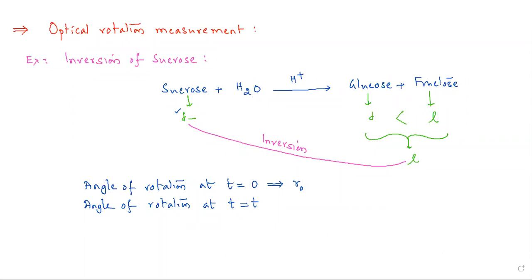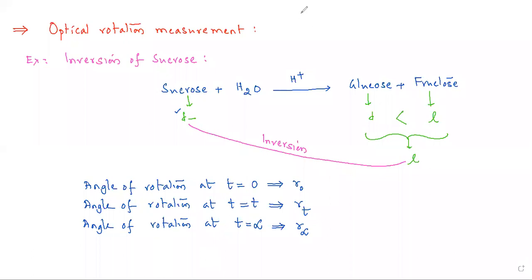As a result of that, there will be some change in the angle of rotation. Of course, at a time t, we can take it as Rt. And then angle of rotation at a time t equal to infinite can be given as R infinite.